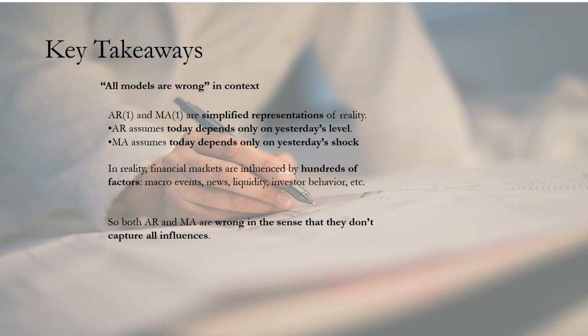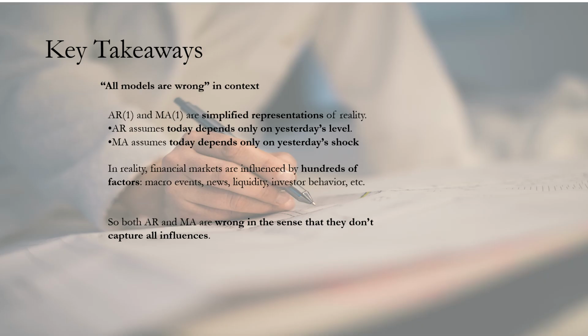So AR assumes today depends only on yesterday's level. MA assumes today depends only on yesterday's shock, which was denoted by the error term. In reality, financial markets are influenced by hundreds of factors: macro events, news, liquidity, investor behavior, geopolitical events, et cetera, right?